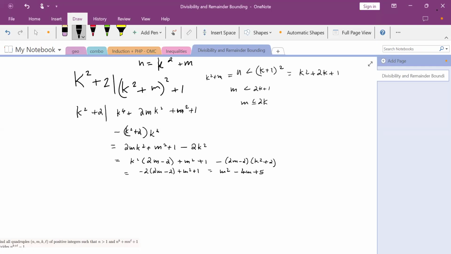Wait, from here we can write that k squared is less than or equal to m square minus 4m plus 3. And then m square minus 4m plus 3 is m minus 1 times m minus 3. And we know that m is less than or equal to 2k.